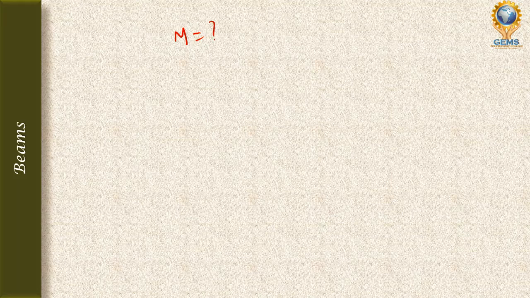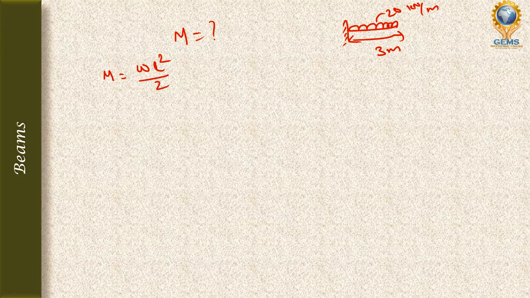So how will we find it? This is a cantilever beam. It has a UDL over the span, that is 20 kilonewton per meter, and the length is 3 meter. So for a cantilever, what is the formula to find the bending moment? You will have studied this in previous papers: WL square by 2, in mechanics of structures or theory of structures.